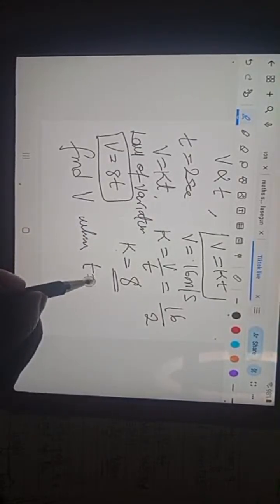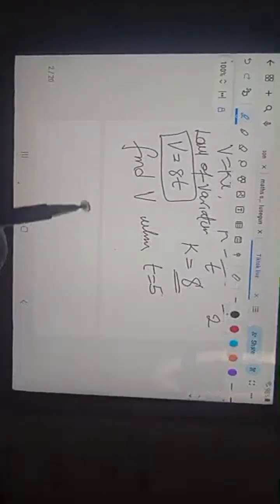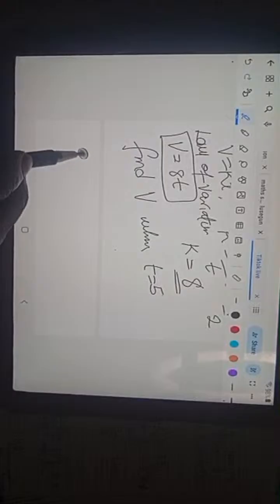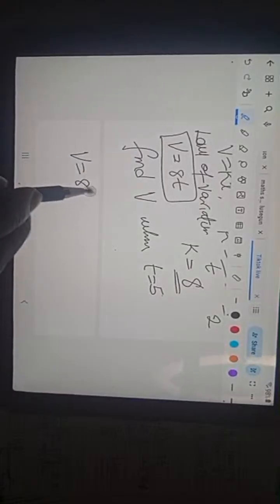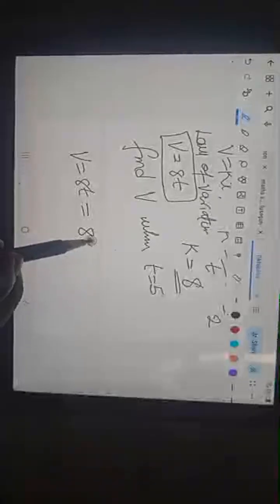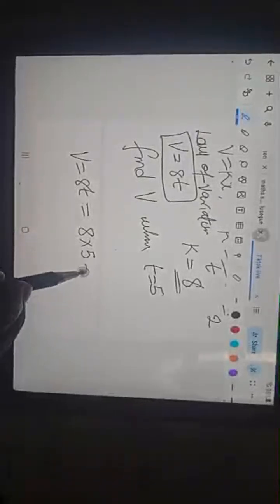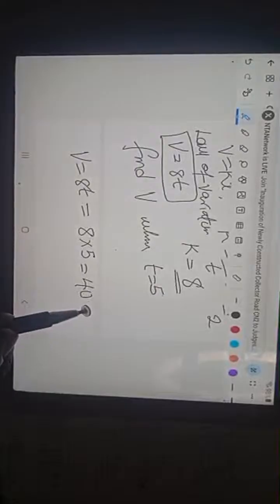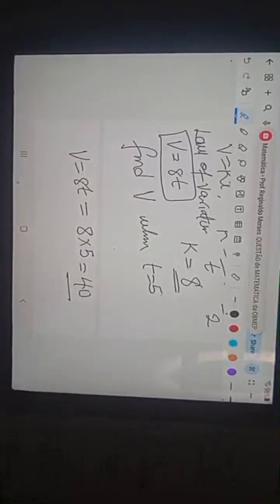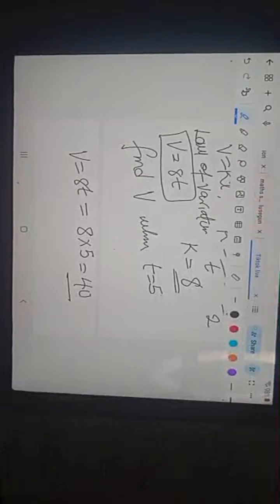We now say v is equal to 8t, which is equal to 8 times 5, and that will give us 40. So that is the value of v.